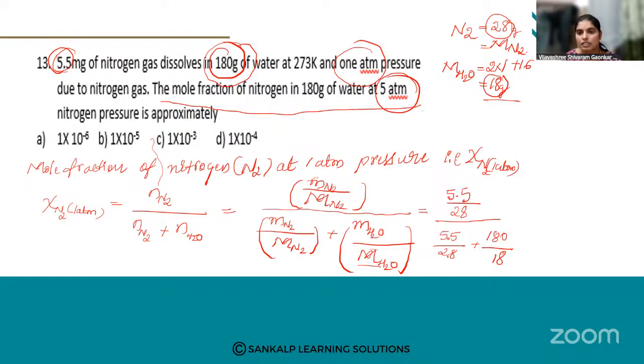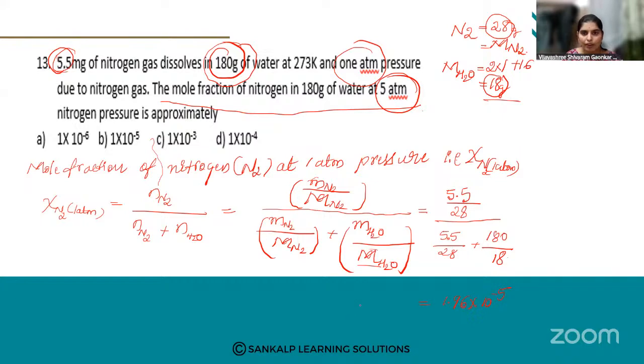Okay, just simplify this. When I calculate this, I got the answer as 1.96 into 10 to the power minus 5. Just calculate this, okay?